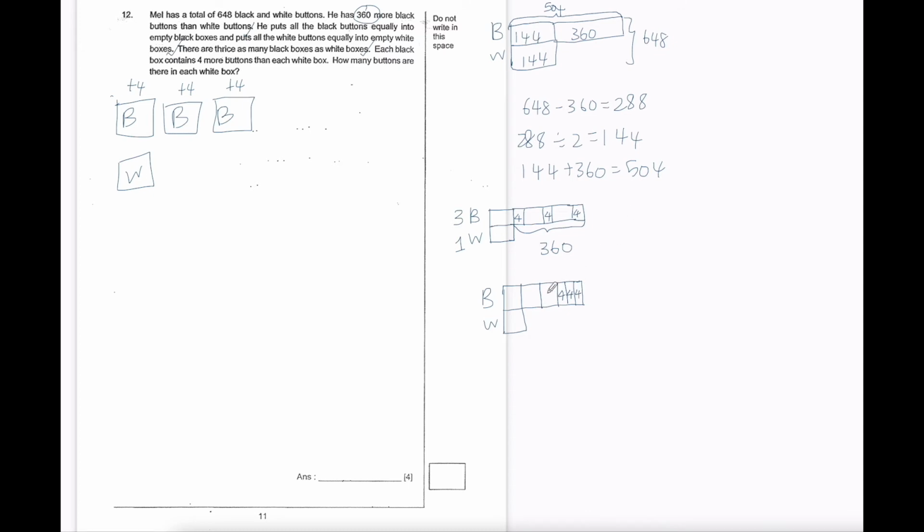Correct? So if I draw it this way, can you guys see it? I'm pushing everything to the left side for the units and the extras on the right hand side. Okay, and now maybe we can do something about it. What's the total number of white buttons? It's 144, correct? So we can also put 144 here.